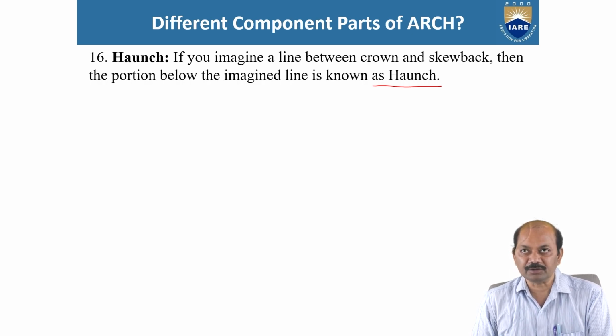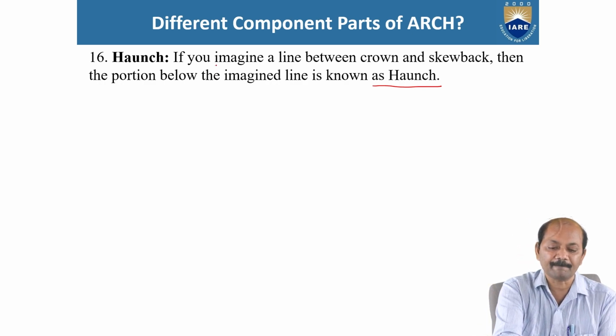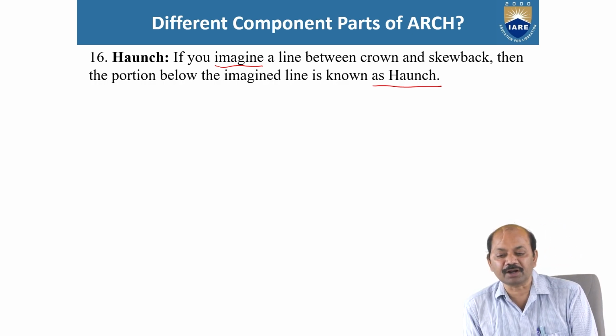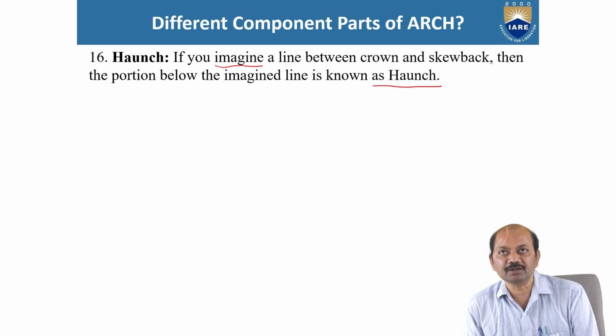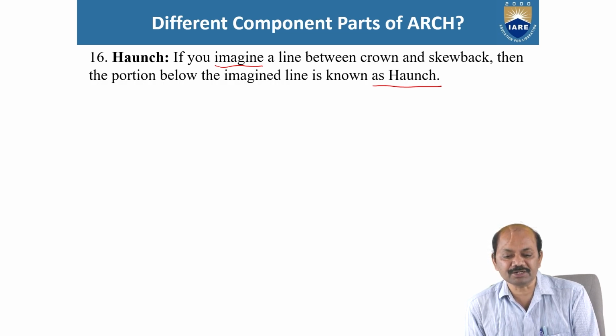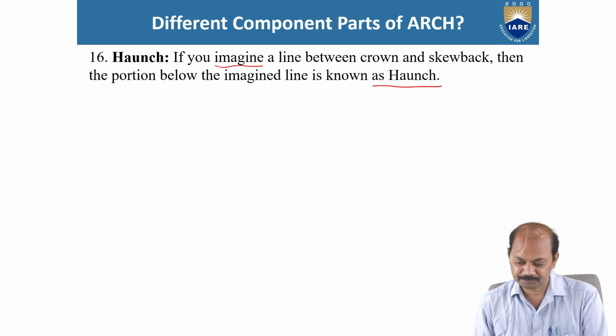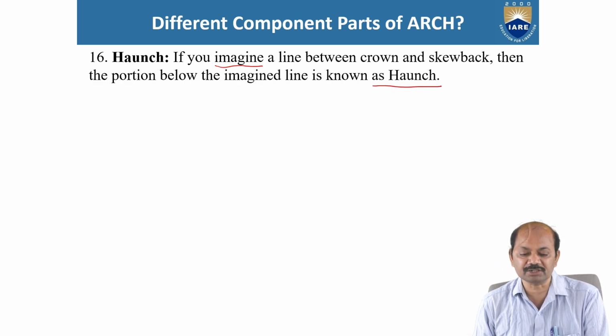If you draw a line between the crown and skew back through imagination, you should imagine it here. The portion below the imagined line is known as haunch. Haunch. Right?